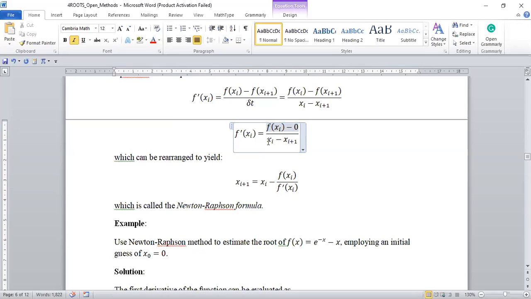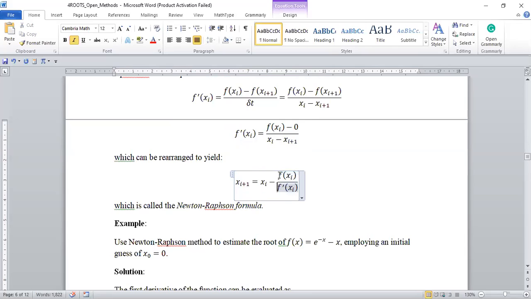If you make this the subject of formula, you are going to arrive at this. So the way you approximate the next value of x for the next iteration is this. This is the formula you are going to use.